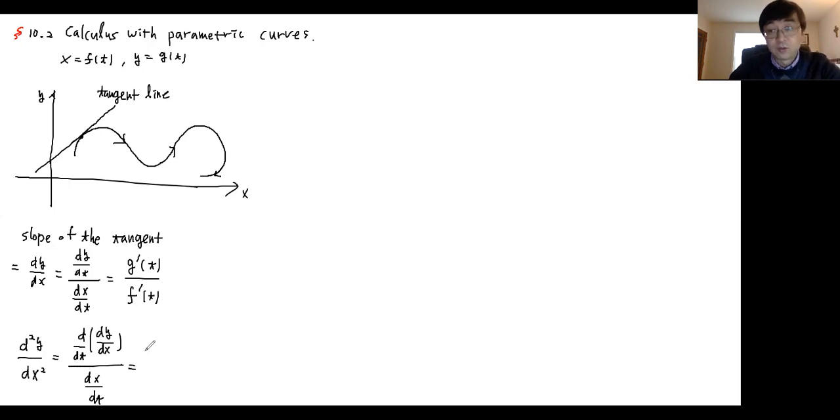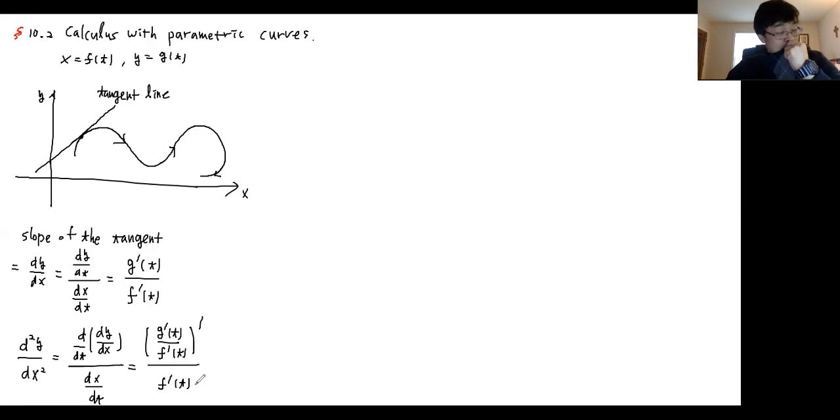Using regular prime notation, the first derivative is g prime of t over f prime of t, take the whole prime, over f prime of t. So this is exactly the second derivative.